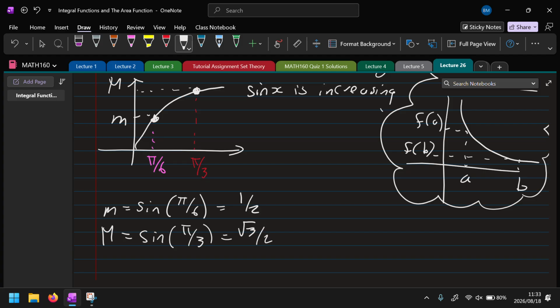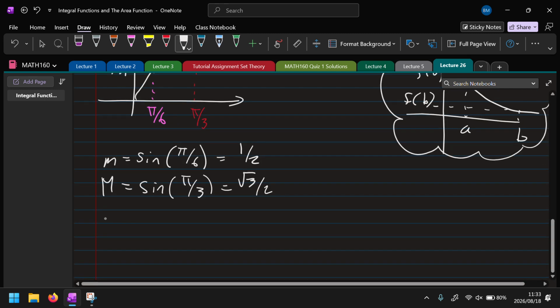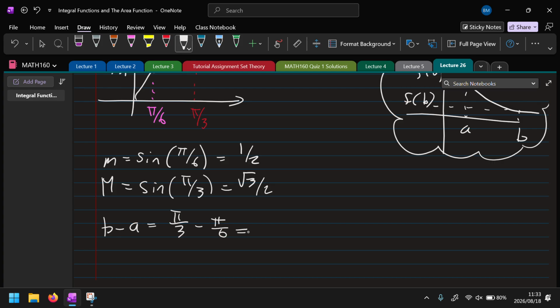And don't forget the b minus a. So b minus a will be upper bound minus the lower bound, pi over 3 minus pi over 6. That will be 2 pi over 6 minus pi over 6, so just pi over 6.